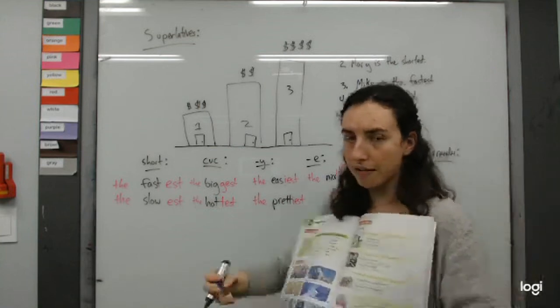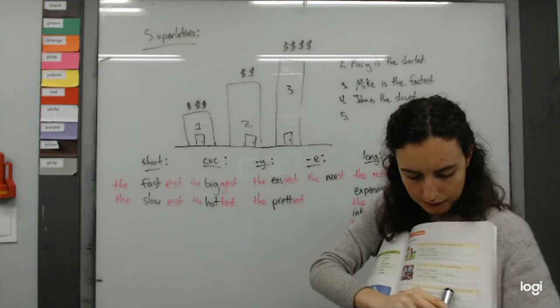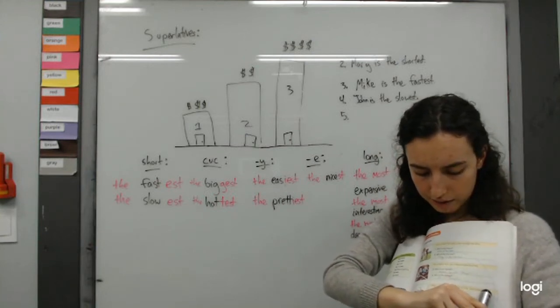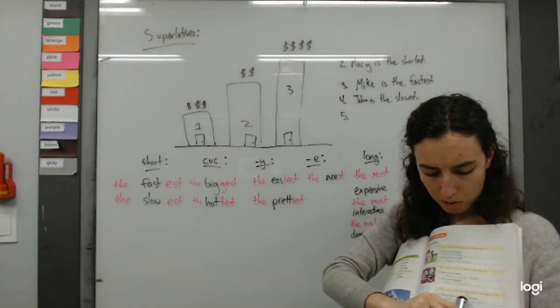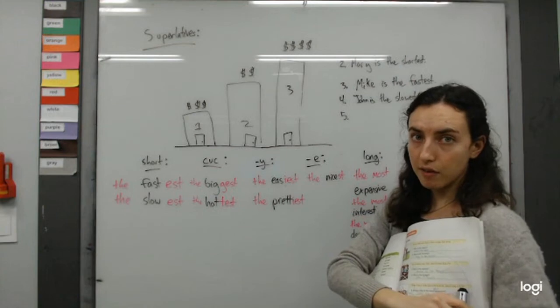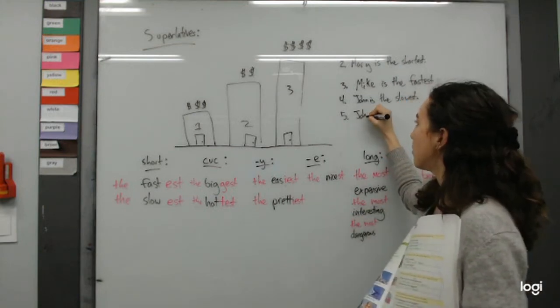Okay, number 5, we have Mike's bike is $100, Ken's bike is $150, John's bike is $170. Which bike is the most expensive? We know John's bike, $170, the most money, so John's bike is the most expensive.